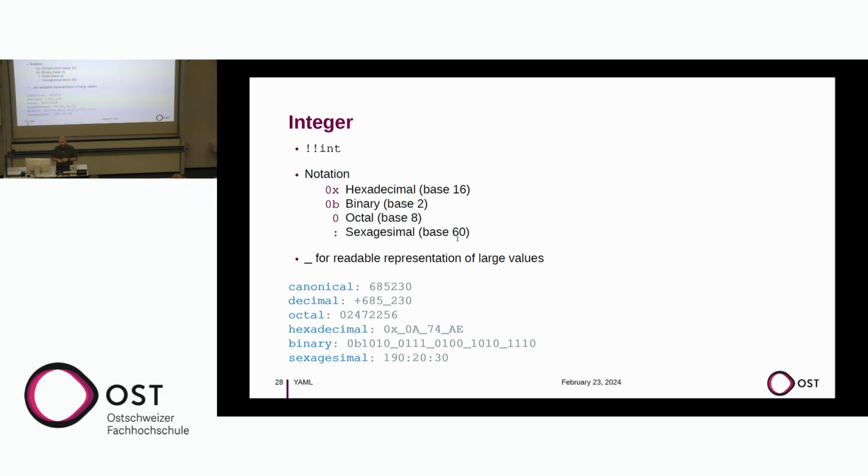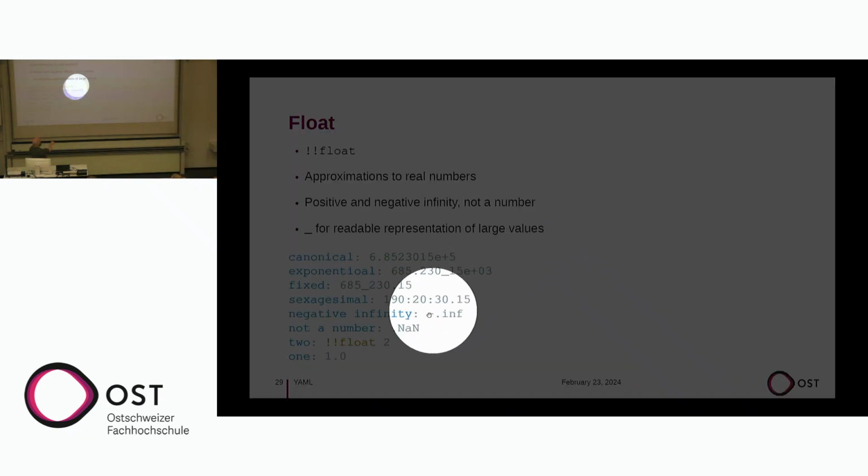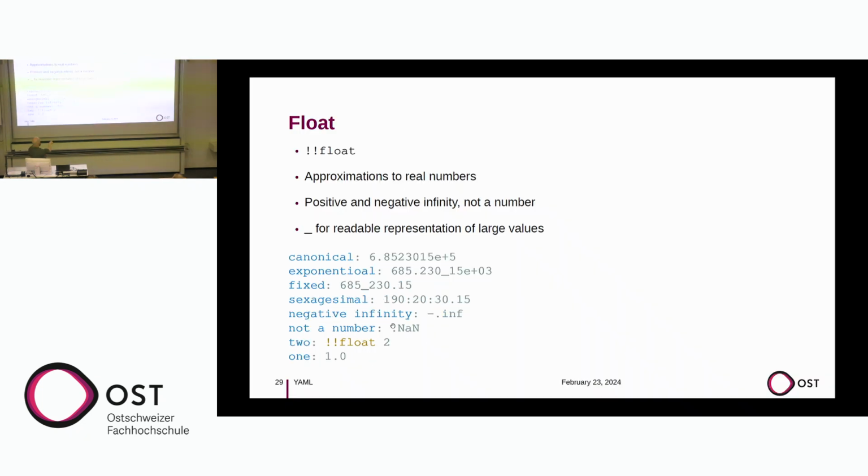Only works in 1.1 and yeah, can have some really weird side effects if you're not aware of this feature. The same for floats, nothing special. Maybe the numbers minus infinity or plus infinity, not a number, which are also float values.